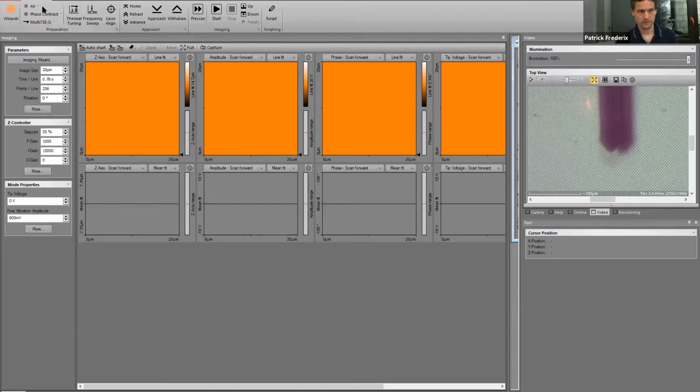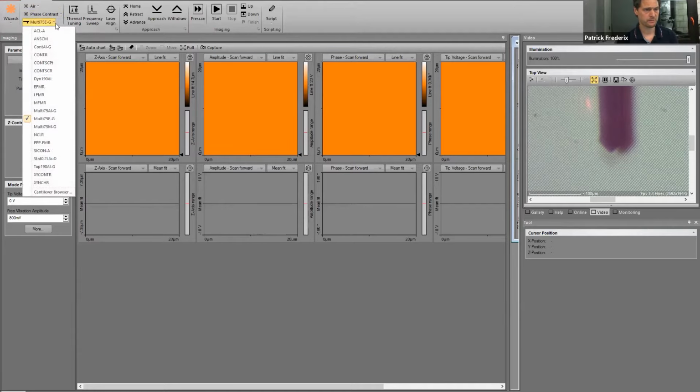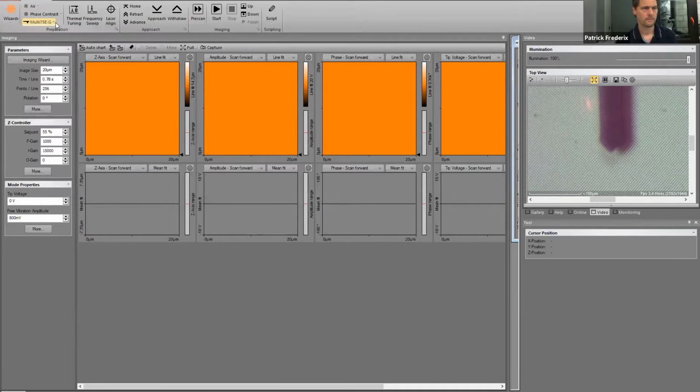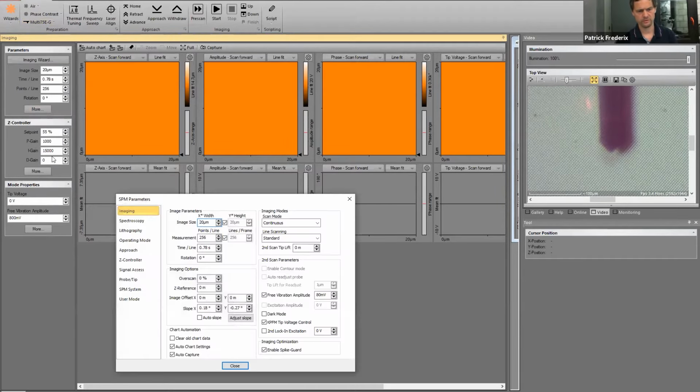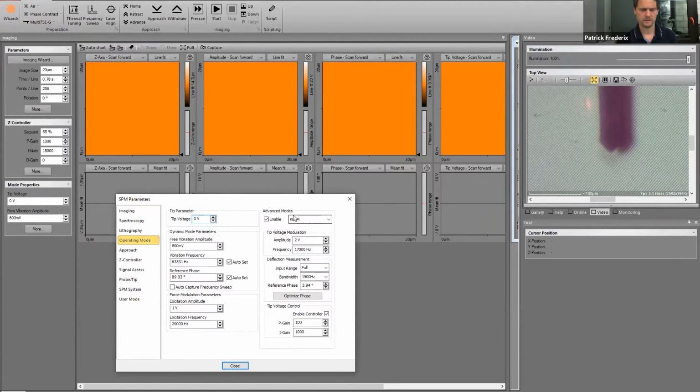Shortly about the parameter set, we are working in air. I'm working in the phase contrast mode. The cantilever, as said, is the Multi 75E or Electri 75, it's also called. And for the KPFM, I go there into the More button, and under operating mode, I find there that I have enabled the second lock-in amplifier.